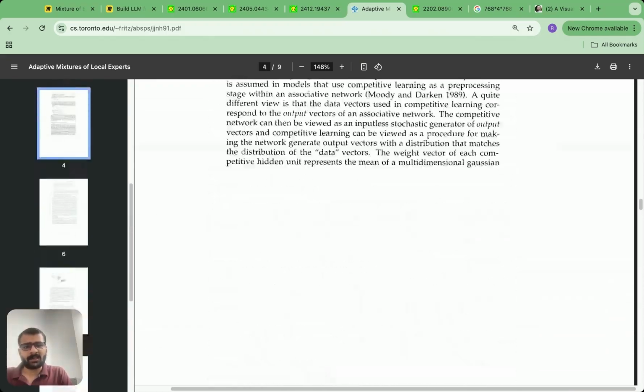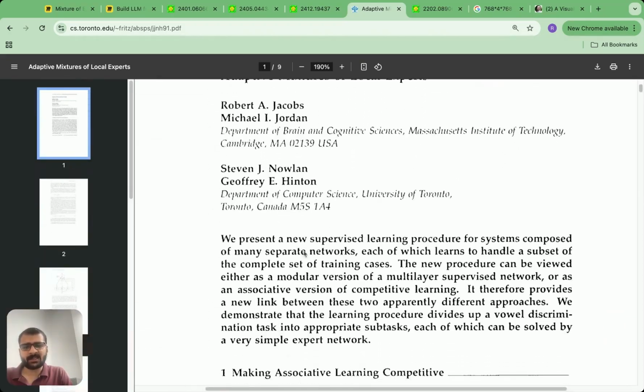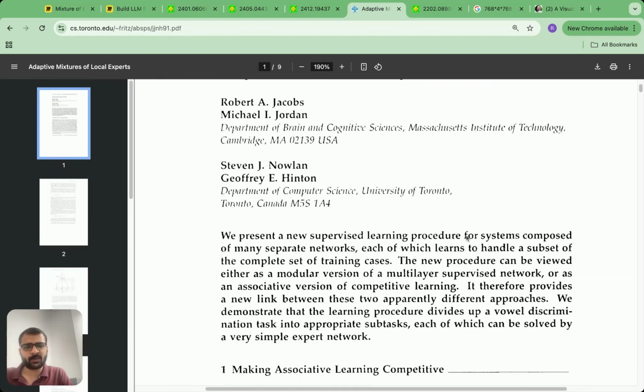And if you take a look at the abstract, let's read out the abstract. We present a new supervised learning procedure for systems composed of many separate networks, each of which learns to handle a subset of the complete set of training cases, which means that each expert is specialized in some sort of task.